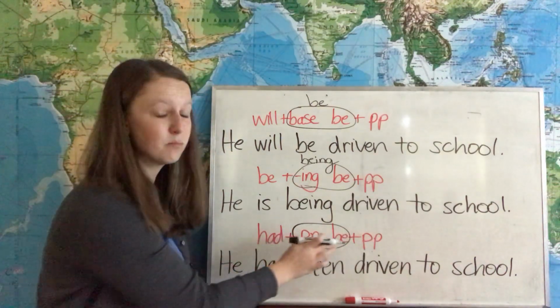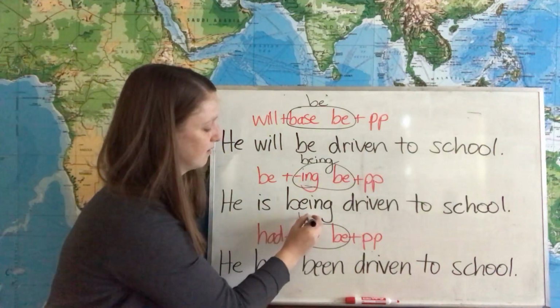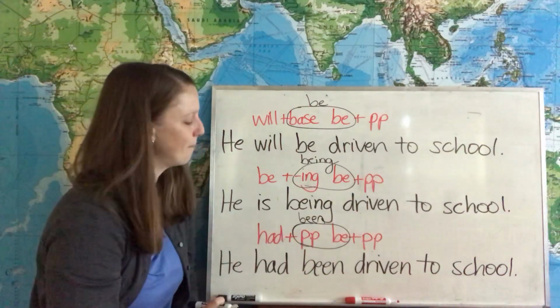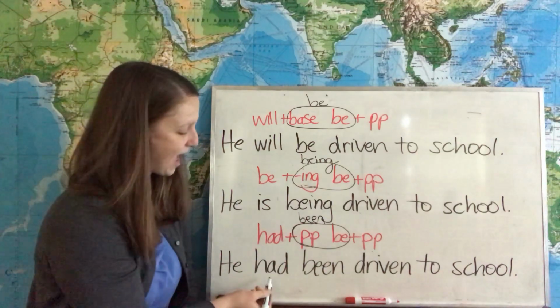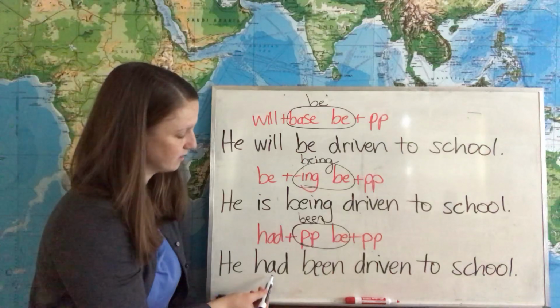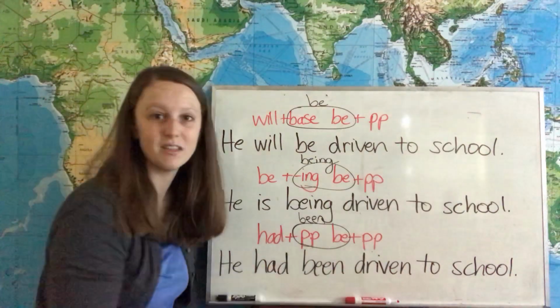And what is the past participle of be? The past participle of be is been, B-E-E-N, been. So our example sentence is, he had been driven to school. We have had, been, and the past participle of the main verb.